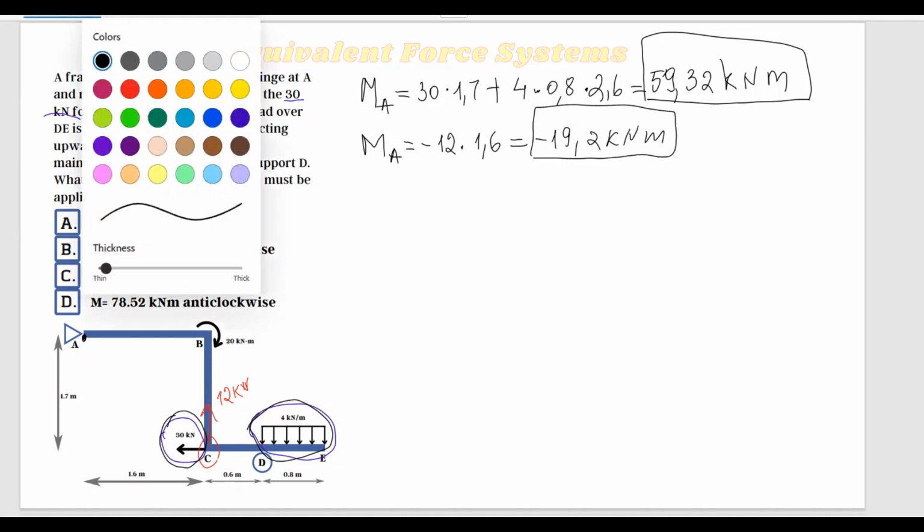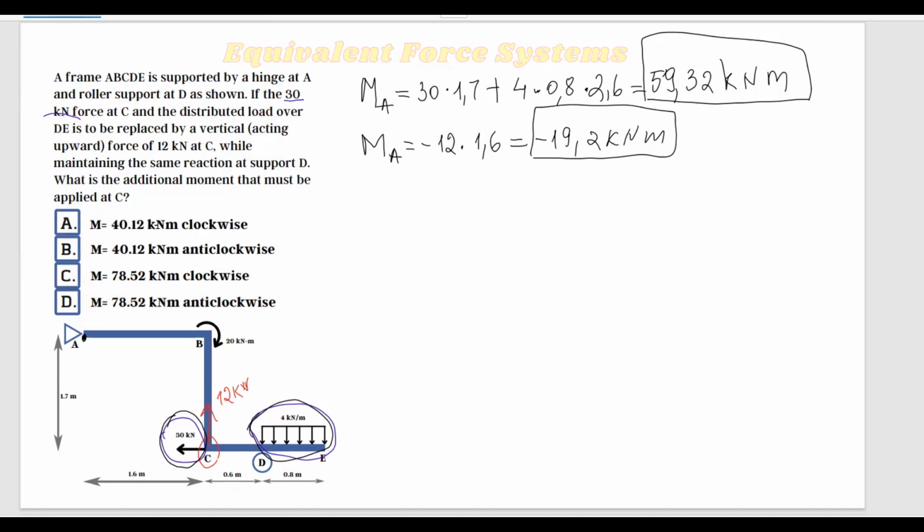So now let me also draw something for you. So imagine I'm going to draw this system and I have the moment about point A. This is A. And I'm going to say, in the first system, we removed a moment, let's do clockwise, moment of 59.32.